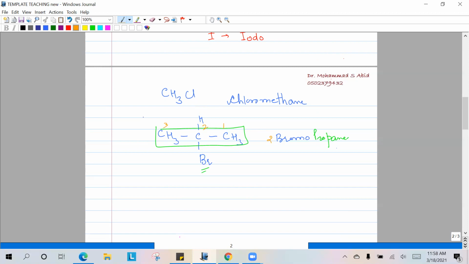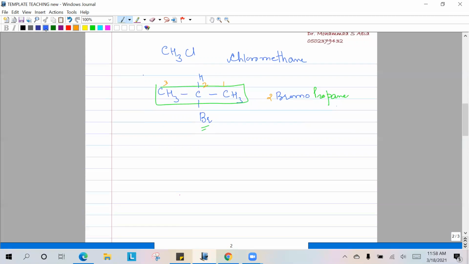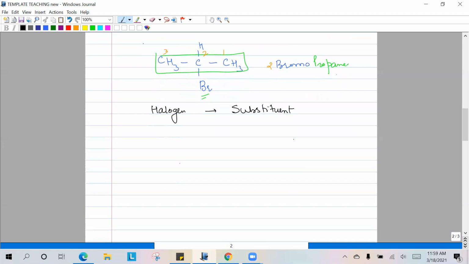An important thing you can understand from this name is that halogens are considered as substituents. Halogens are not functional groups. Halogens are substituents, similar to methyl and ethyl and so on. How do I know that?